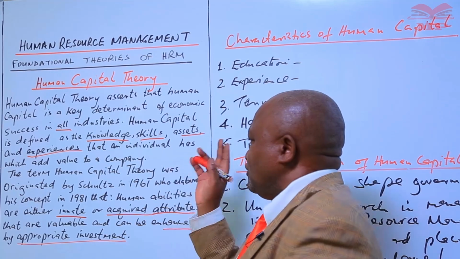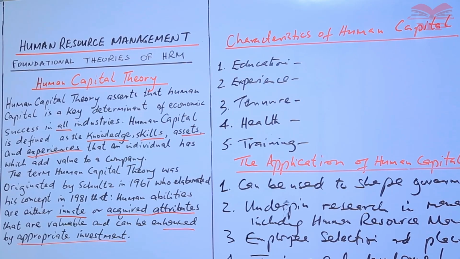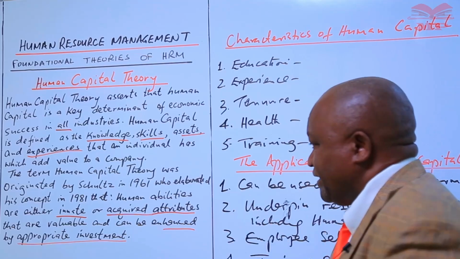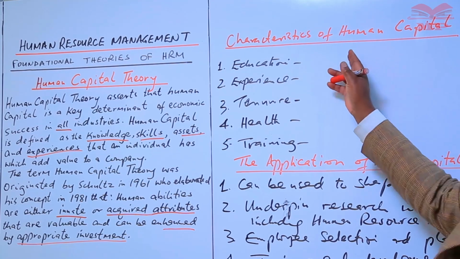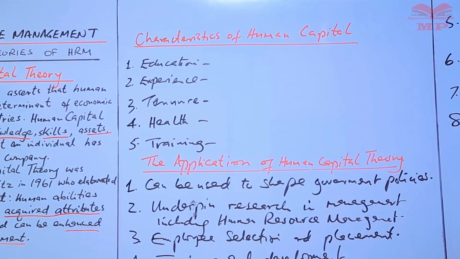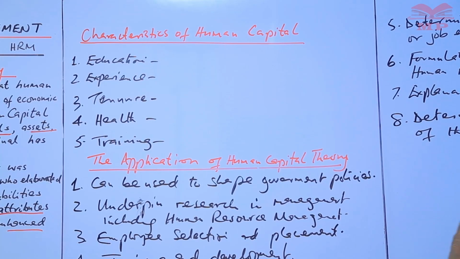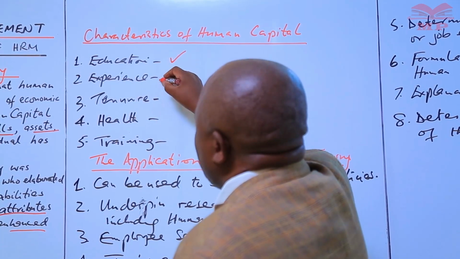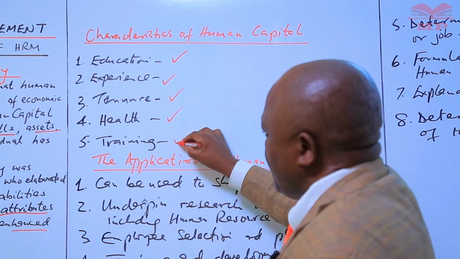The term human capital theory was originated by Schultz in 1961, who elaborated his concept in 1981, that human abilities are either innate or acquired attributes that are valuable and can be enhanced by appropriate investments. Then we have looked at the characteristics of human capital: number 1, education; number 2, experience; number 3, tenure; number 4, health; and number 5, training.